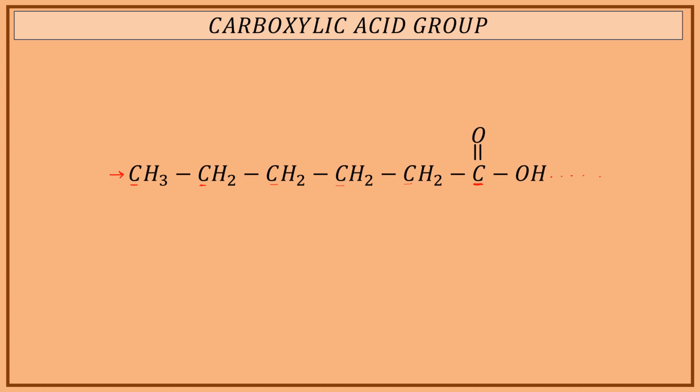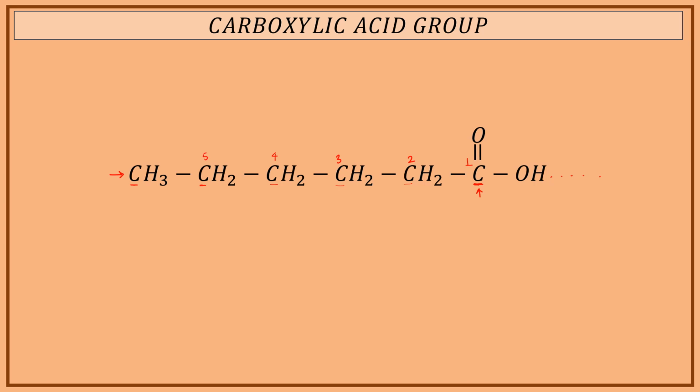To name a carboxylic acid, we have to count the total number of carbon atoms present in the parent chain. And the numbering of carbon atoms always begins from this carbon atom, the carbon atom of the functional group.